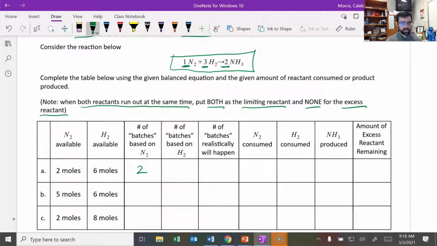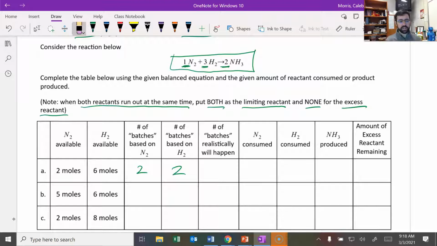Now let's look at the 6 moles of H2. Well, 6 is 2 times as much as 3, so that means I can make 2 moles of the reaction based on hydrogen. So I have enough nitrogen to make 2 batches and enough hydrogen to make 2 batches.